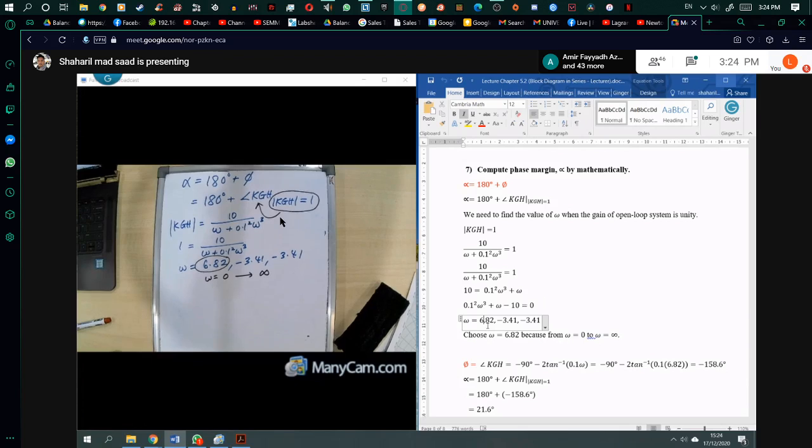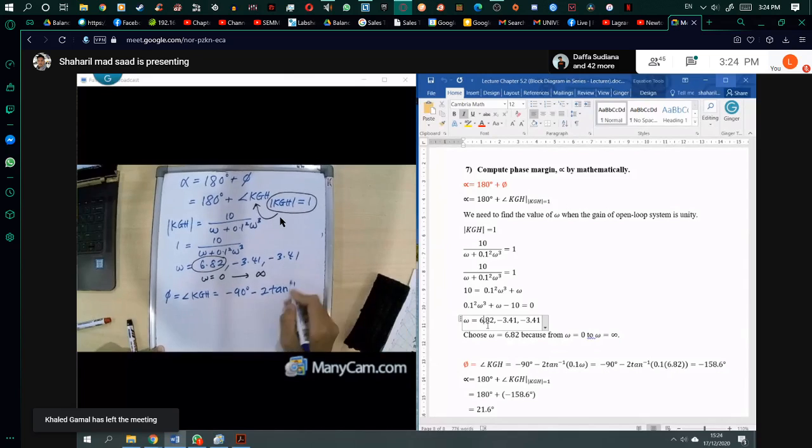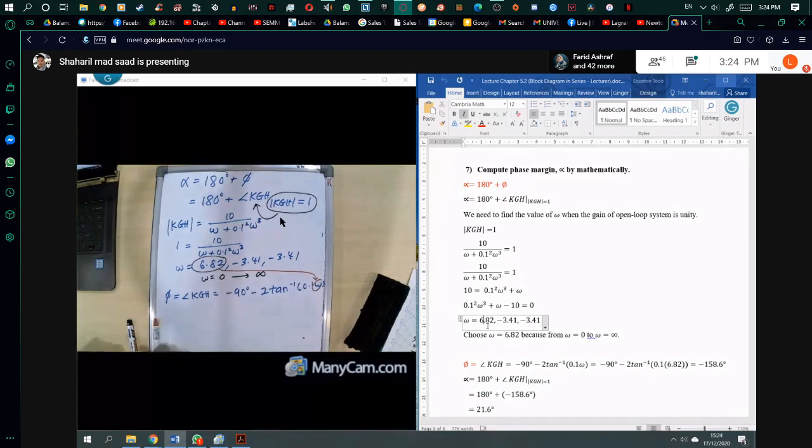Okay, done. And then we already got the omega, we apply it to this equation for the phase of kgh, which is minus 90 degrees minus 2 inverse tangent 0.1 omega. So you replace this omega with this value. Then when you replace it, you get minus 90 minus 2 inverse tangent of 0.1 times 6.82.